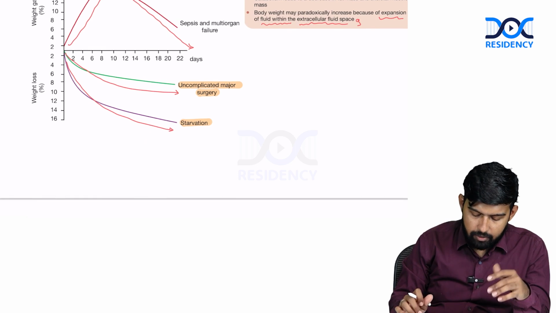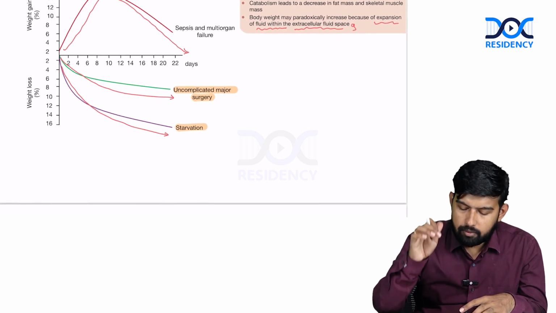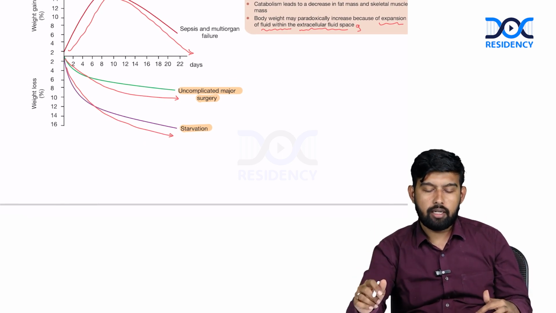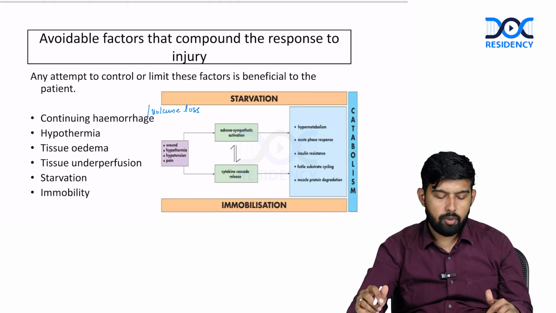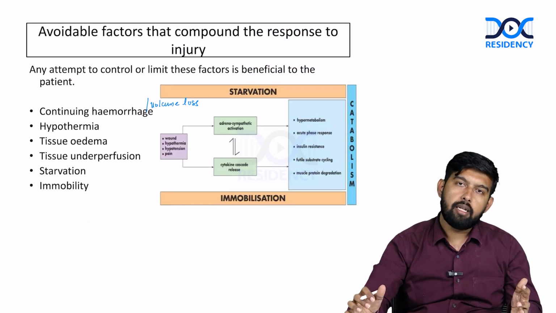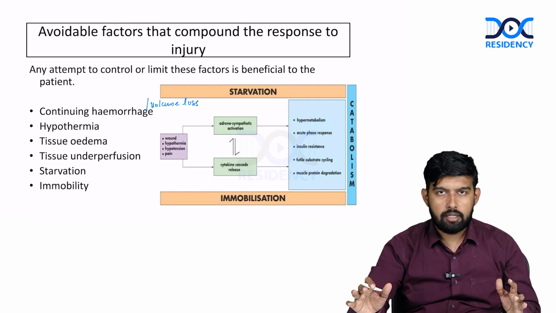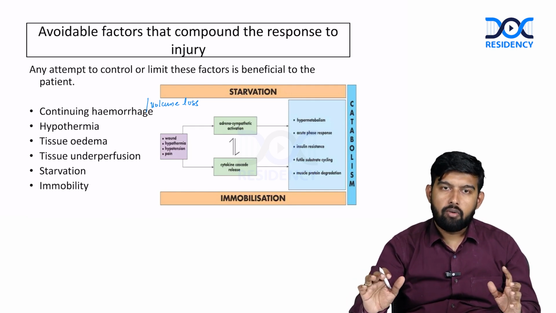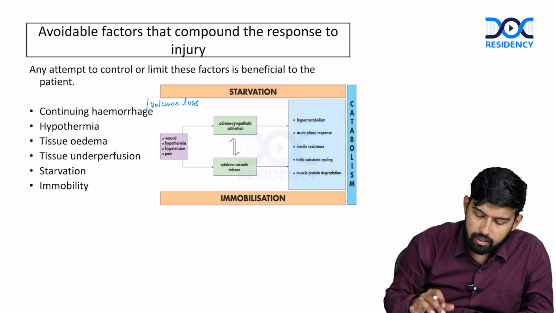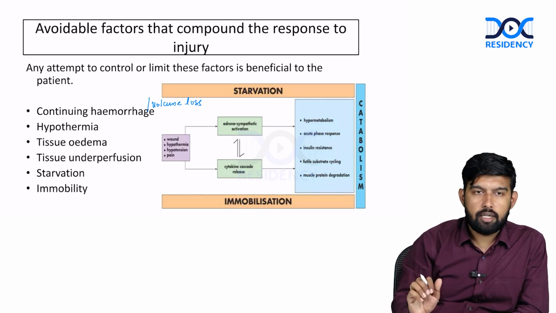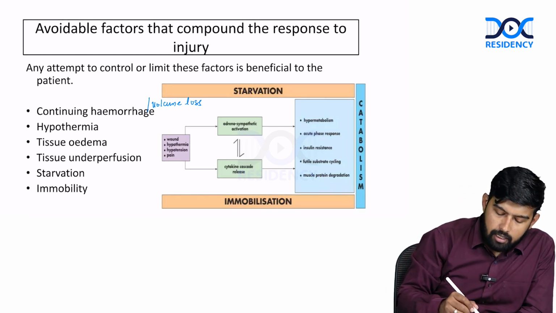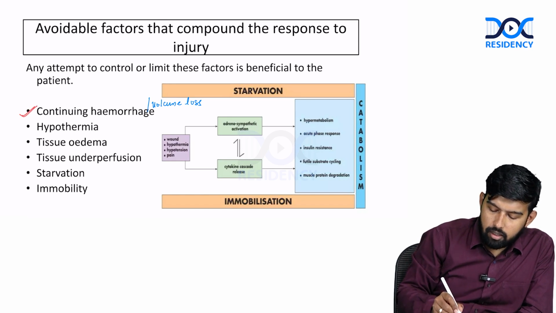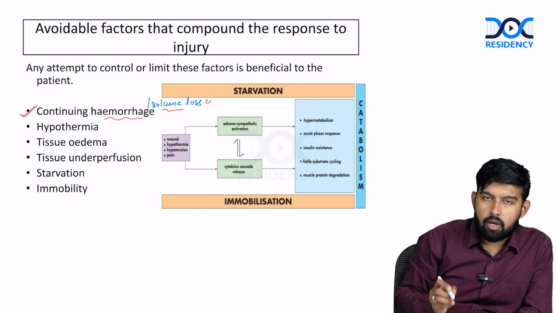So these are the effects, and for the appearance of these effects, there are multiple factors responsible which can be avoided by proper resuscitation and critical care. What are the avoidable factors that compound the response to injury? The avoidable factors are continuous hemorrhage, volume loss, or blood loss.